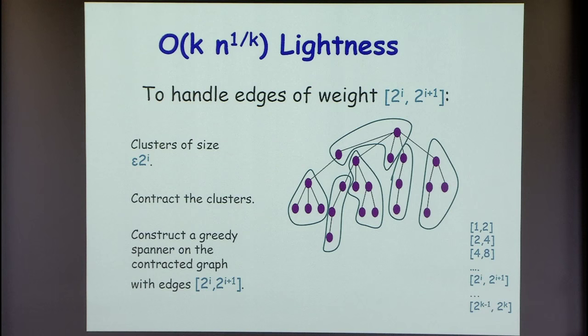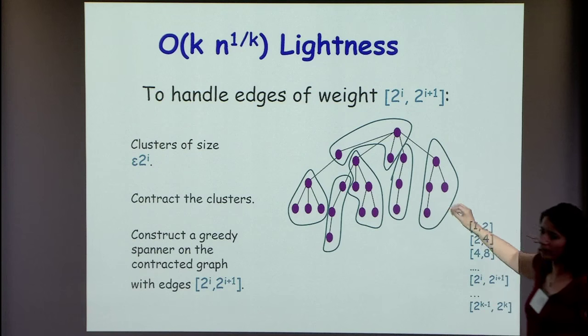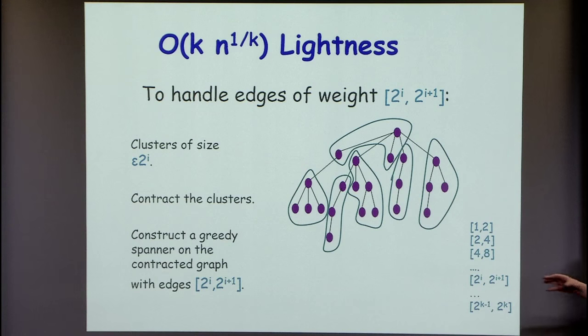So we will have roughly n over this number of clusters. Let's ignore the epsilon factor, so we have roughly n over 2^i clusters, each with this diameter. And now we can just take each such cluster and contract it. Think of it as one node.